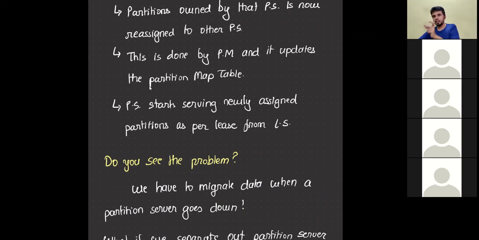It sees that these partitions were assigned to this now-orphaned partition server, so it has to assign them elsewhere. It changes the entry in the partition map table. That is it. Now the other partition server starts serving the newly assigned partitions as per the lease from the lock server. So the locking protocol would come into the picture.